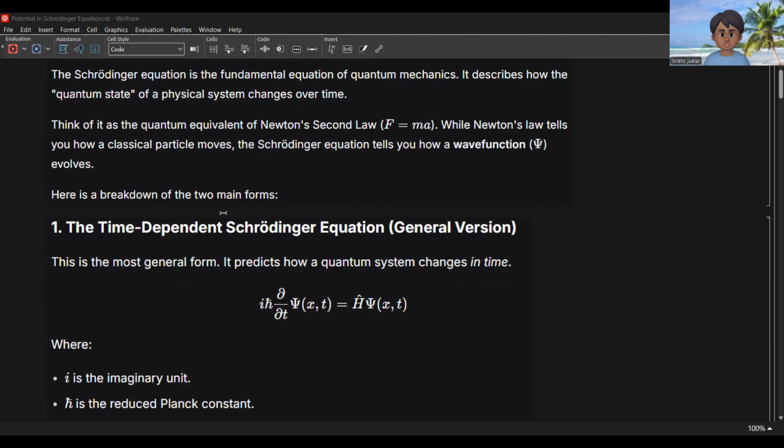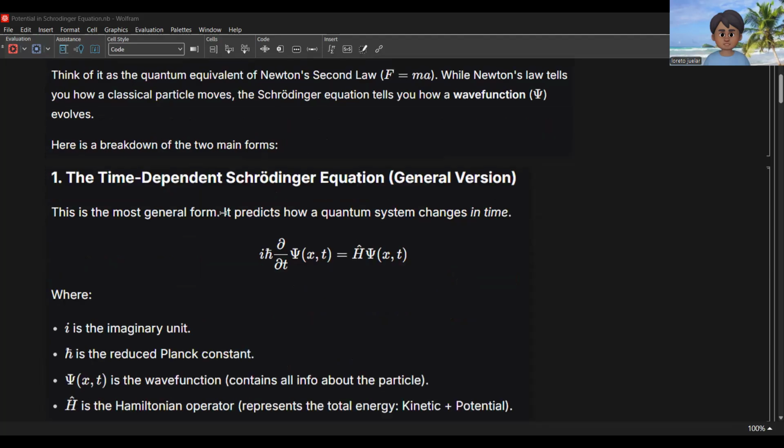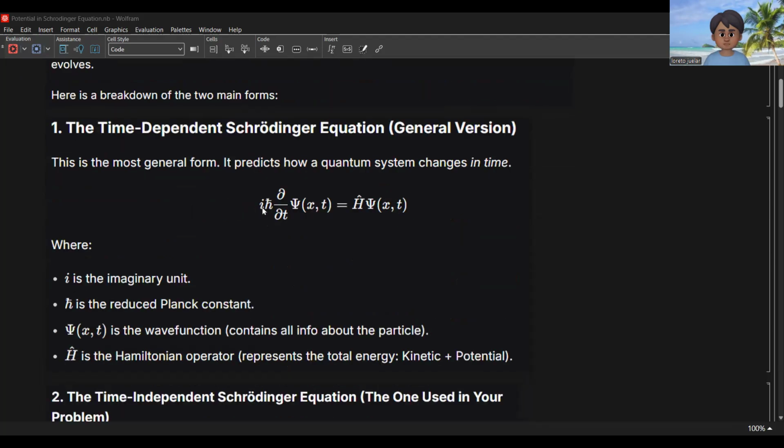So here is a breakdown of the two main forms. The time-dependent Schrödinger equation. This is the general version, the most general form. It predicts how a quantum system changes in time. For example, i times h bar times the partial derivative of the wave function with respect to time is equal to the Hamiltonian acting on the wave function.